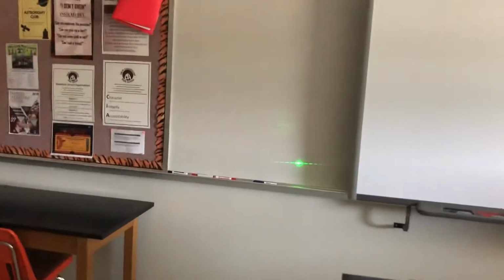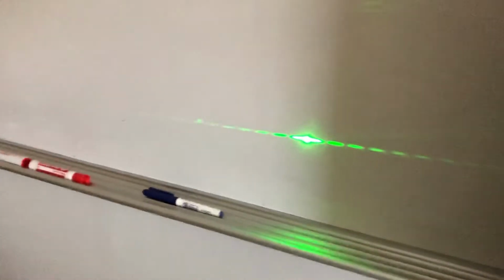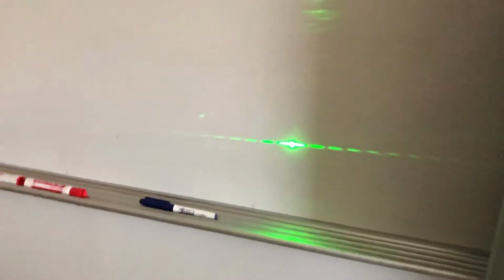So if you look, you can see that the wave, or the light, is in fact interfering with itself and creating these patterns on the wall. Okay, so that's shown through human hair.